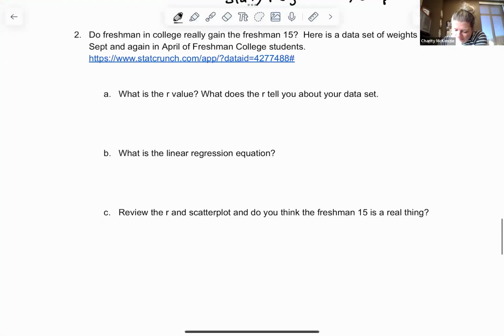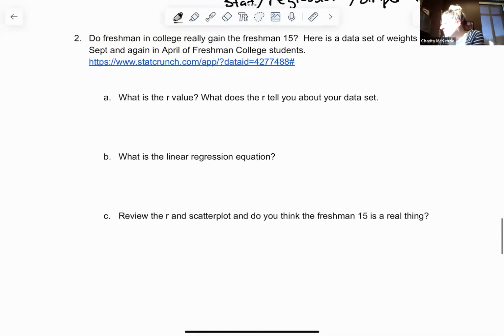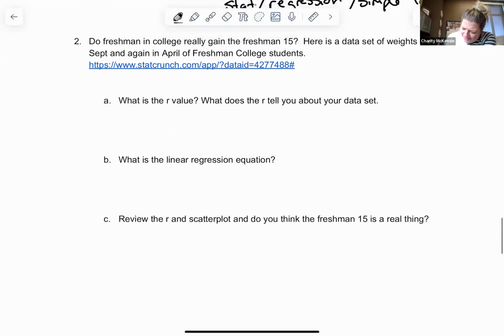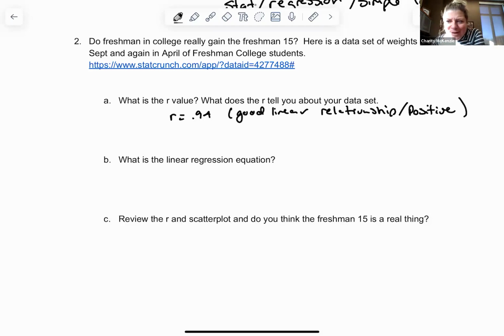So I'm not going to fill this. Well, I guess I could fill it if I have it over here. So the R on this, just to fill out your little chart here, your R was like 0.94, which is a good linear relationship. And it also is positive. And we know that because 0.94 is positive.